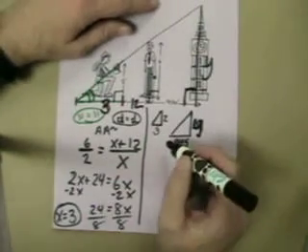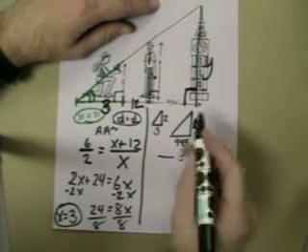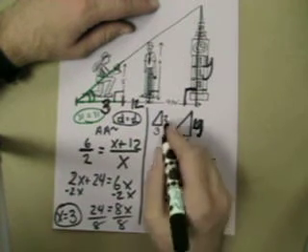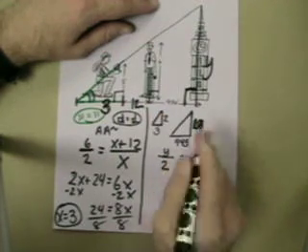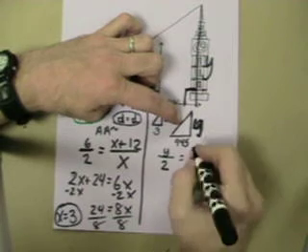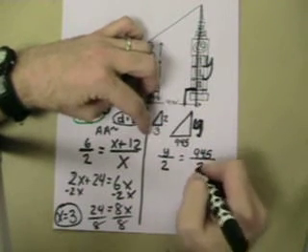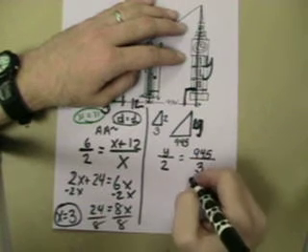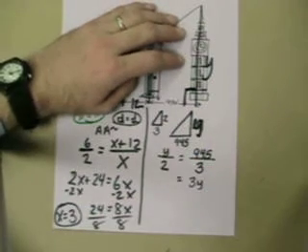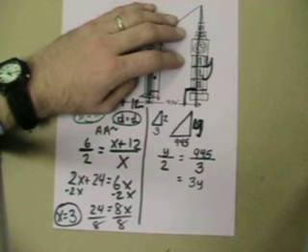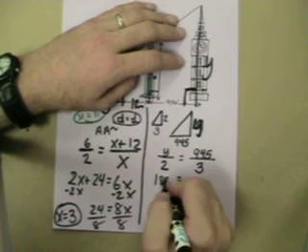Okay, so let's set up our ratios. The 2 here matches the y, so I'm going to go y over 2, and I'm using the larger one on top, so this is going to be 945 over 3. Cross multiply. 3y equals 945 times 2, which is 1,890.